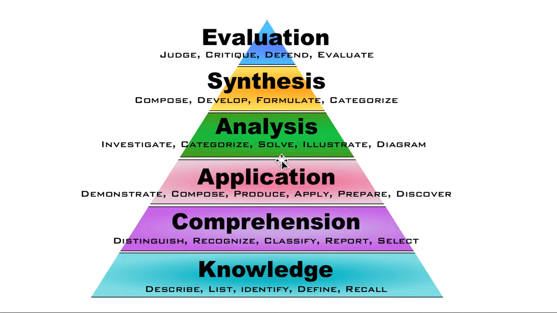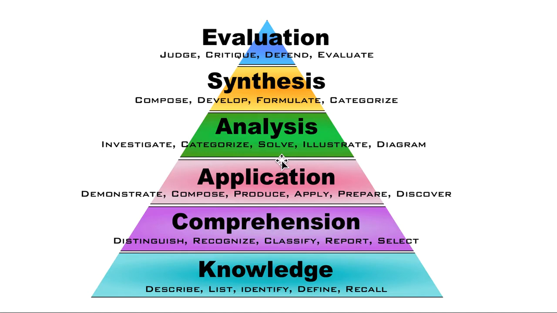Under knowledge, you see describe, list, identify, define, recall. Those are good words to use when writing objectives to hit that level. If you want to be on the level of knowledge, you might say describe what Bloom's taxonomy is, or list the levels of Bloom's taxonomy. That would be knowledge level.